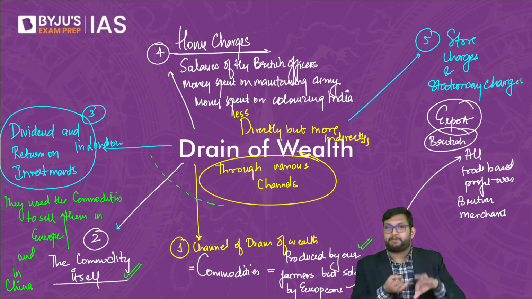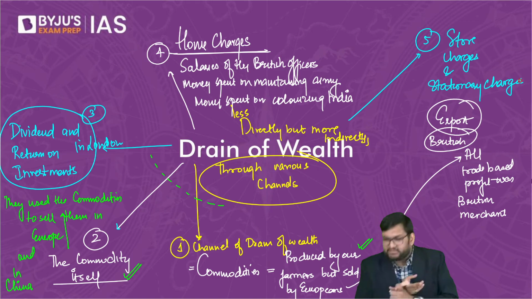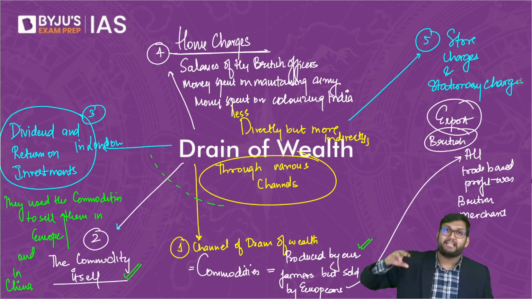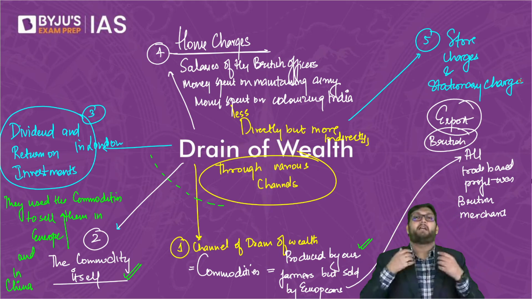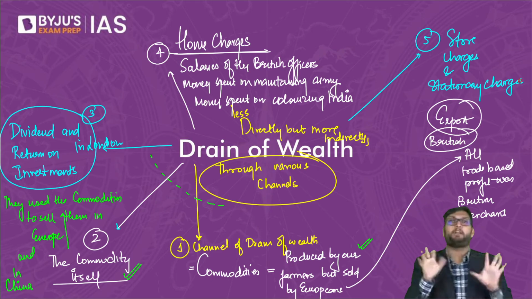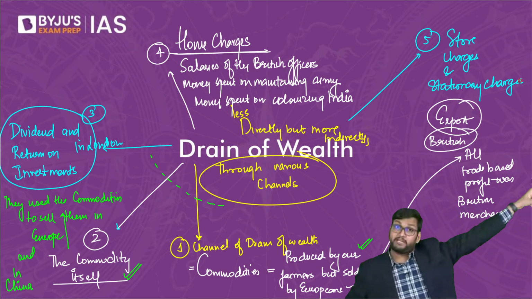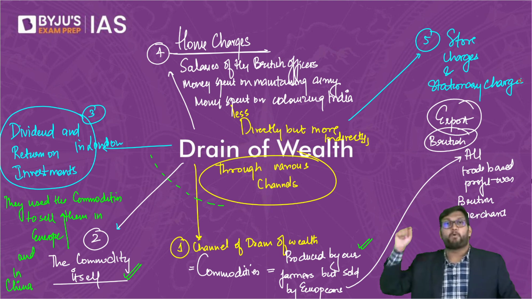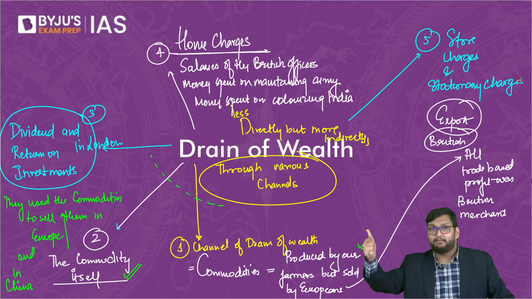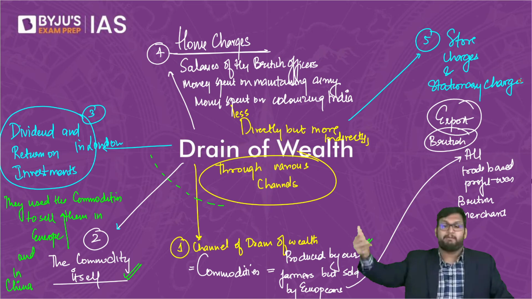Pencil, sharpener, paper, anything. Imagine the level of money which would have been spent on stationery and store charges. If I'm buying a uniform, it will not be produced in India. It will be produced in England. They literally imported pencil, pen, equipment, helmet, everything.